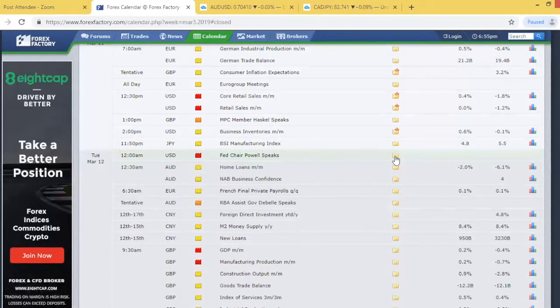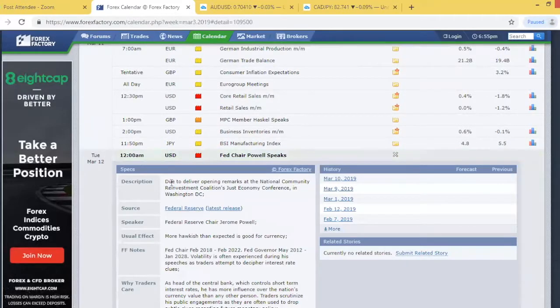So we should see some strength come into the US dollar off of that data. Tuesday at midnight UK time, we have again Jerome Powell, chairman of the Federal Reserve, due to deliver opening remarks at the National Community Reinvestment Coalition's Just Economy Conference. Cool.